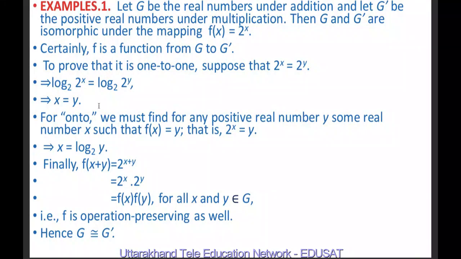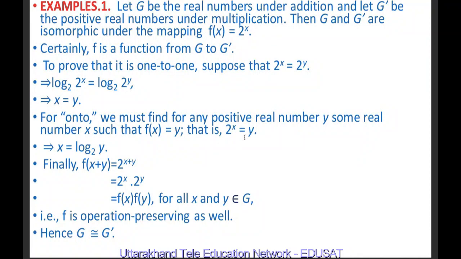Now we will show that f is onto. For this we must find, for any positive real number y, because y is an element of G dash and G dash consists of positive real numbers, some real number x such that f(x) is equal to y. That is, f(x) is nothing but 2 raised to the power x. So 2 raised to the power x equals y.